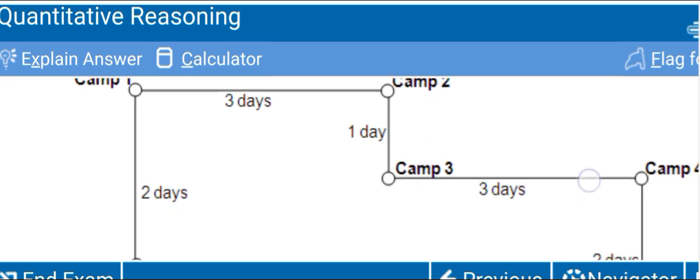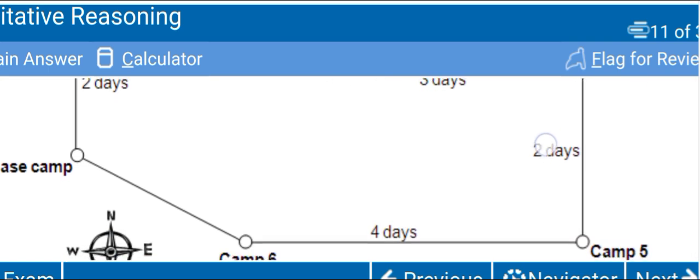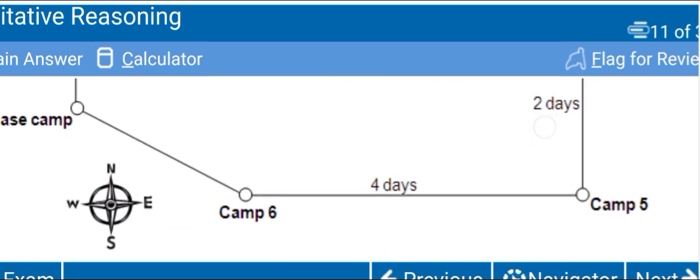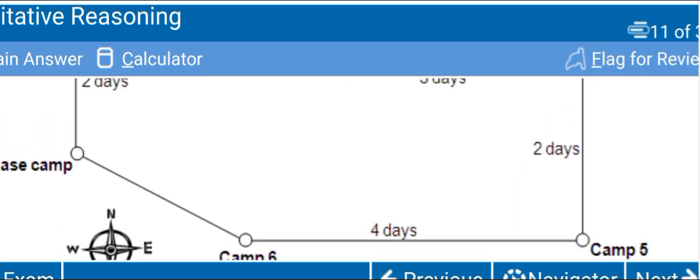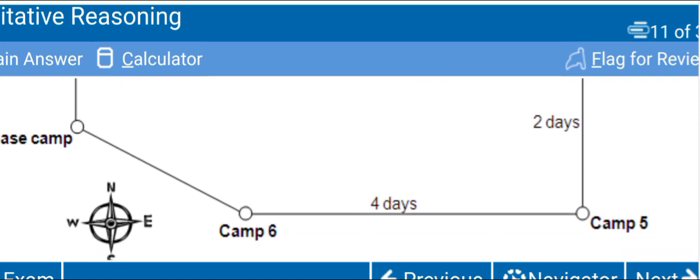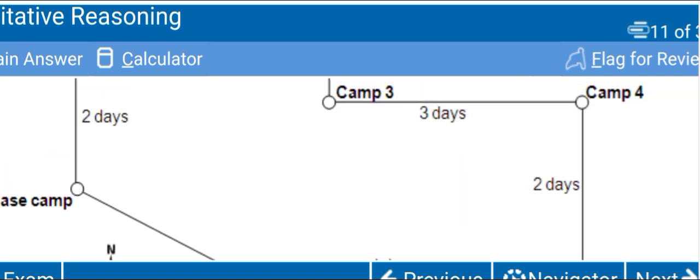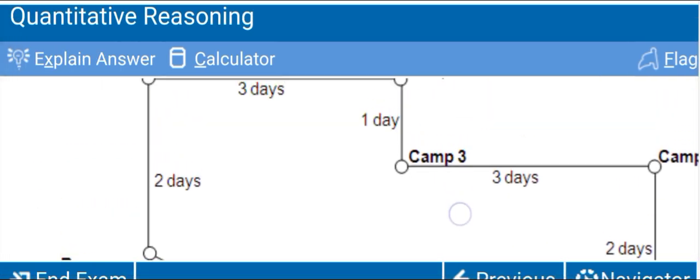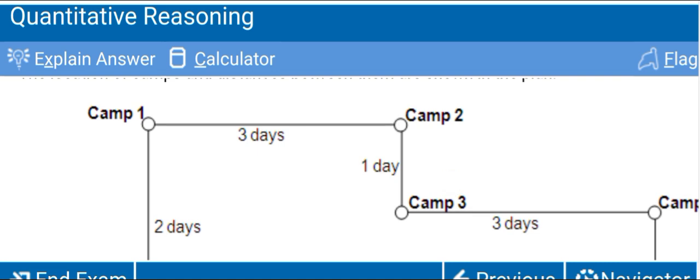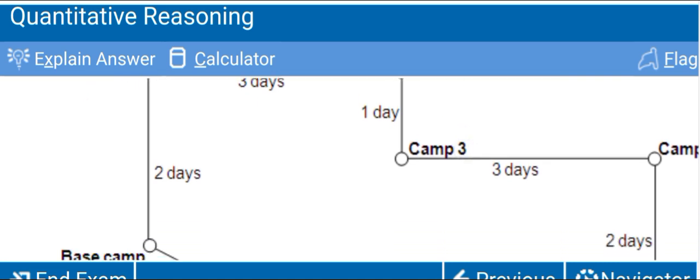Camp 3 to camp 4 is a distance of 3 days. Camp 4 to camp 5 is a distance of 2 days. Then camp 5 to camp 6 is a distance of 4 days. Camp 6 to base camp, and then base camp to camp 1, is a distance of 2 days.